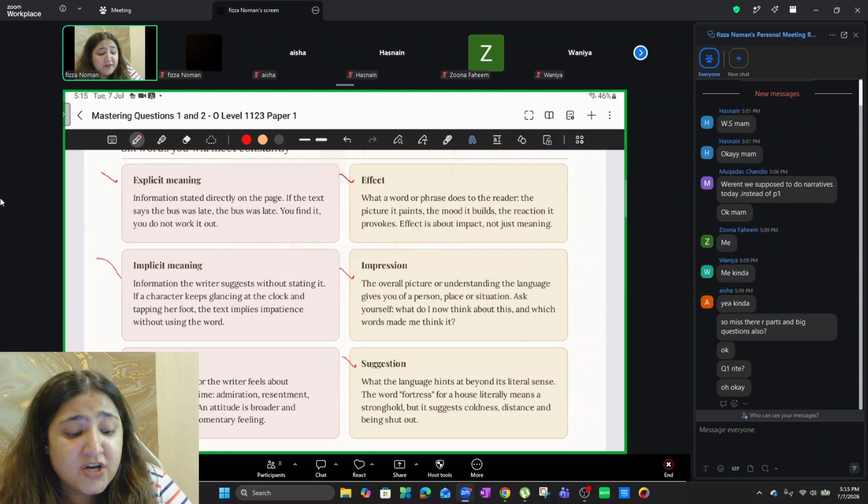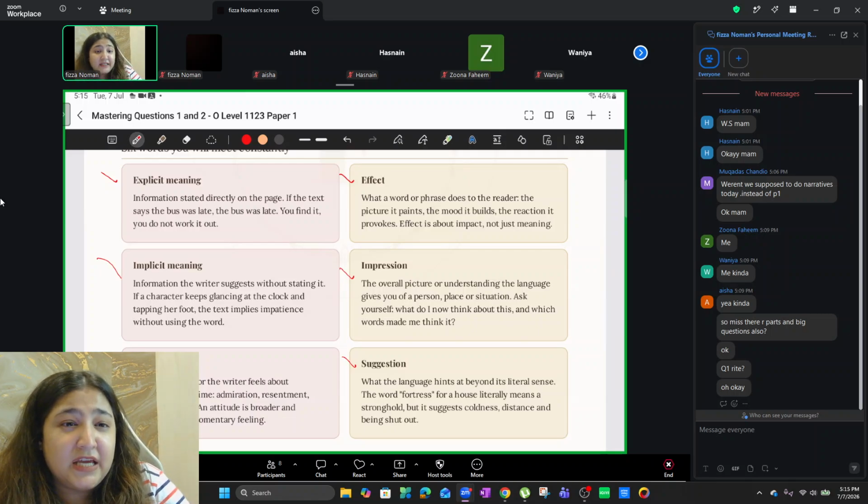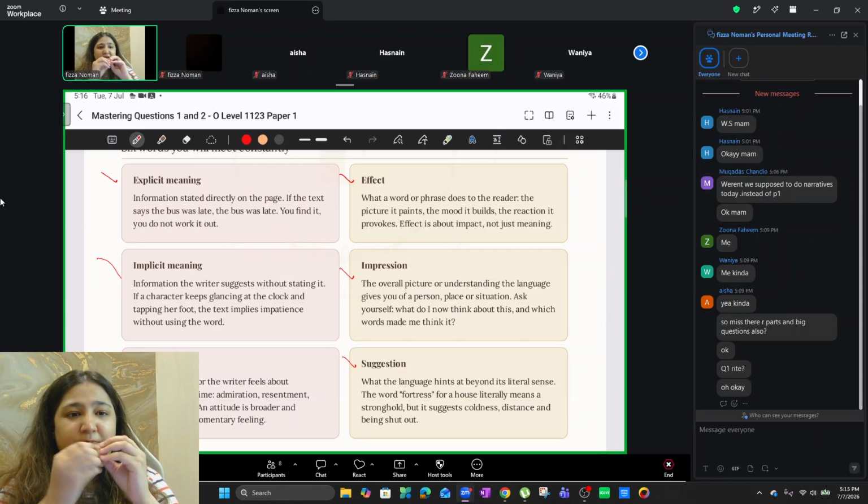Implicit. Information the writer suggests without directly stating it. This is something that needs to be figured out, by the way. So if a character keeps glancing at the clock and tapping her foot, the text implies impatience without using the word. Let's suppose I keep fidgeting with my fingers like this.